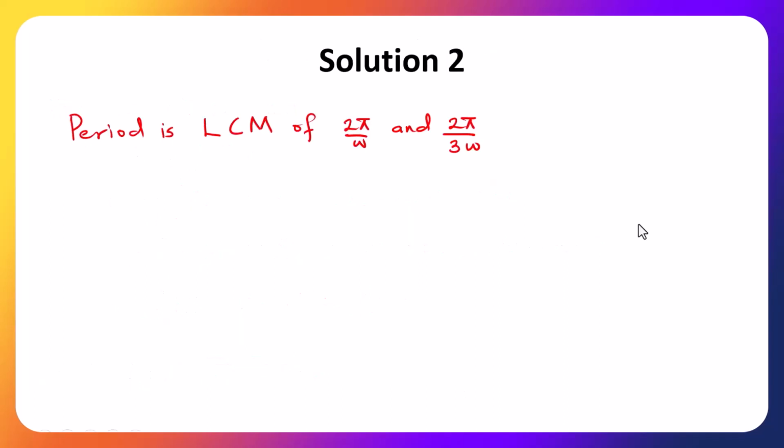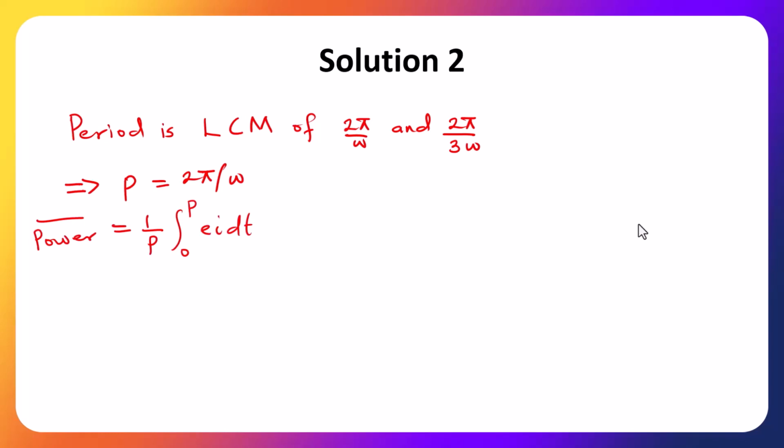Now let's go through the second question. So the period is the LCM of 2 pi over omega and 2 pi over 3 omega. So this implies that the period is equal to 2 pi over omega.